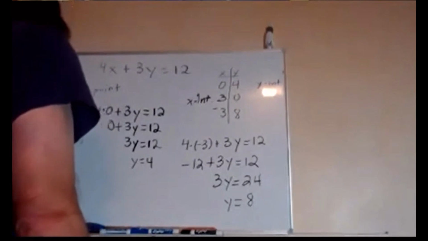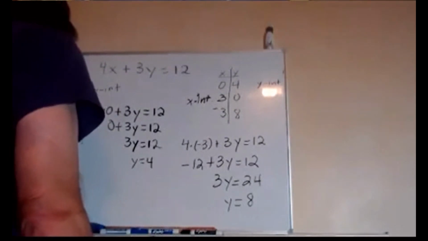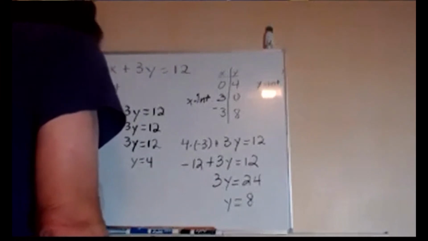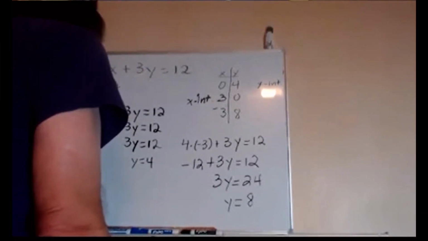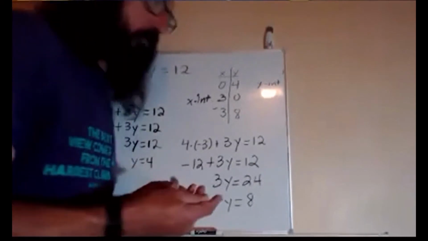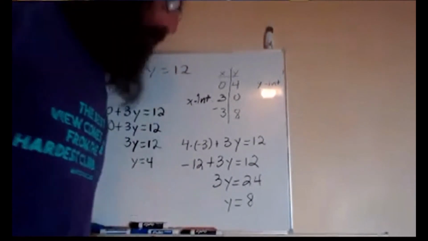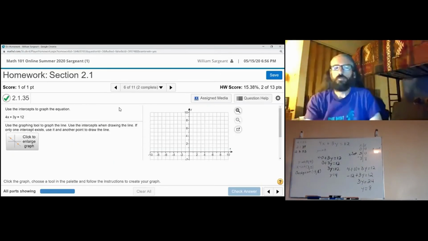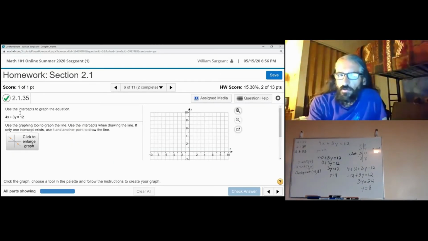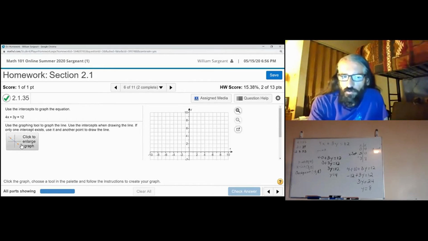Now, I want you to notice how the question was asked on Pearson, though. That I was talking about, use the intercepts to graph the equation. Okay, so click to enlarge graph.